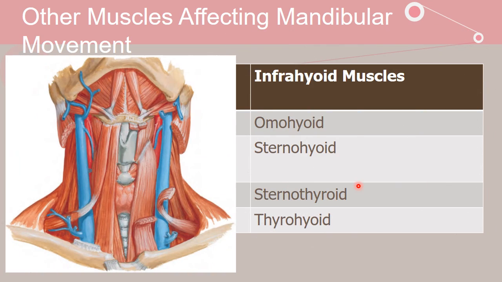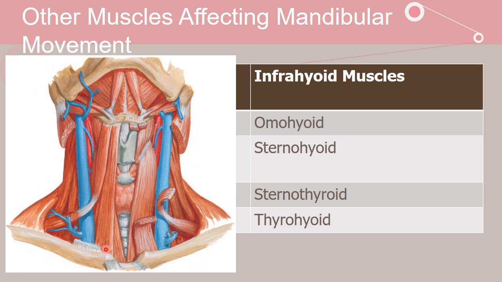The infrahyoid muscles, on the other hand, extend inferiorly from the hyoid bone, and insert into the clavicle and sternum and adjacent structures.